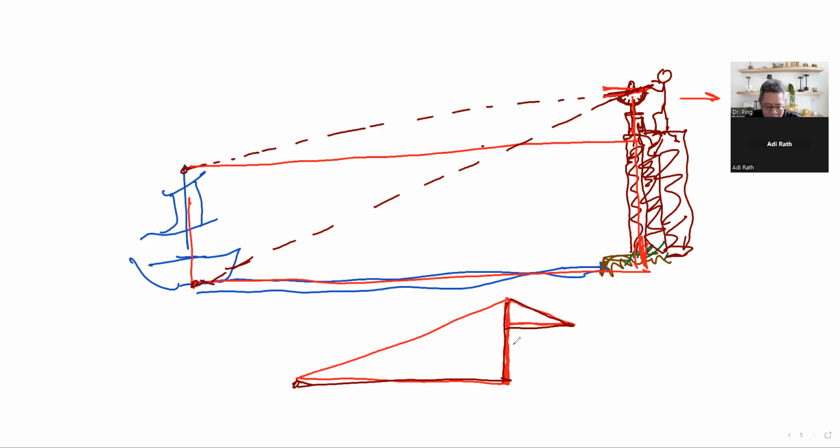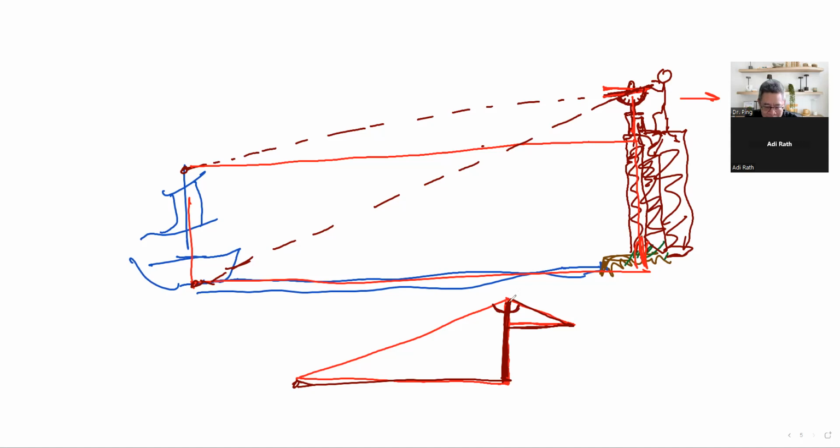Now, we know the height of the tower, and we know the angle. So therefore, we make a little triangle here, and this is the angle. And therefore, we know something has to be in proportion.